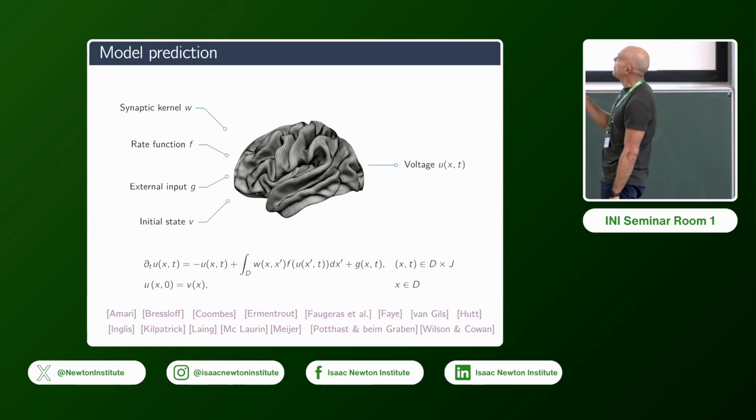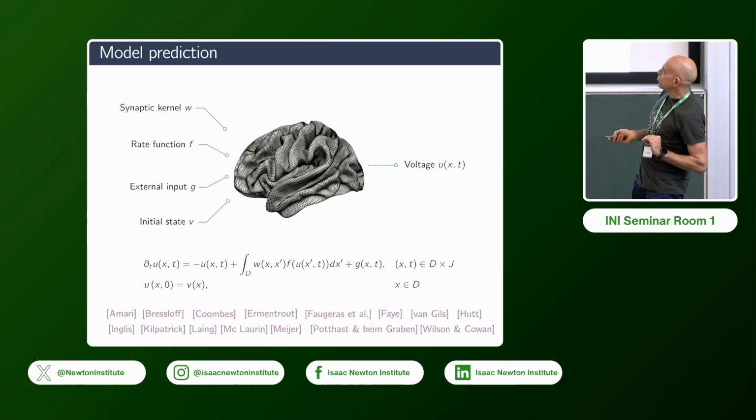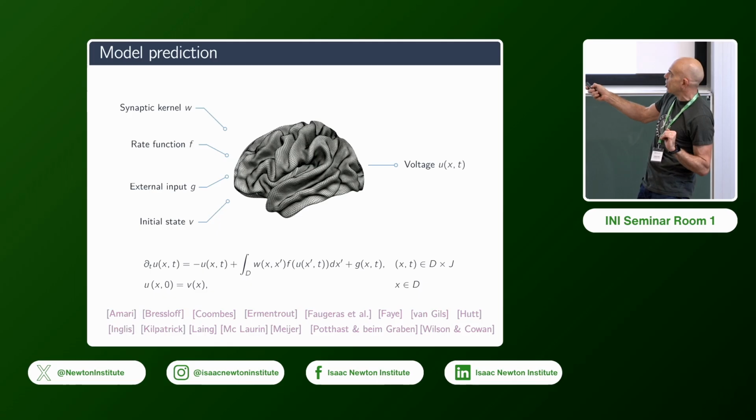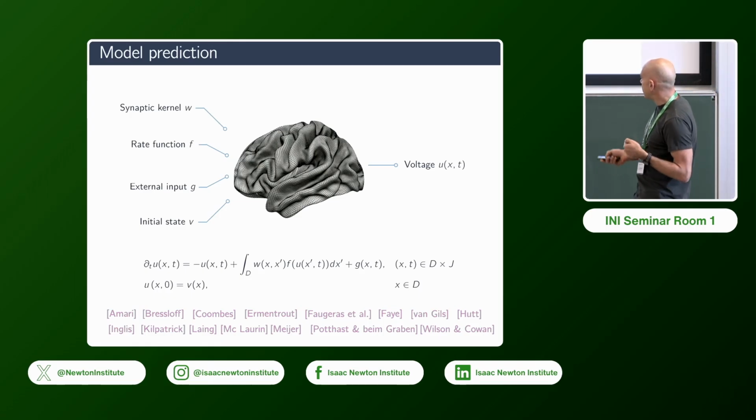And the classical way in which these gadgets have been used is to say, one chooses a synaptic kernel, one chooses a rate function as inputs to the system, and out comes a voltage that we want to predict. And what we're doing, together with the people that I will discuss later on, is on the one hand to enable simulations that are provably accurate.